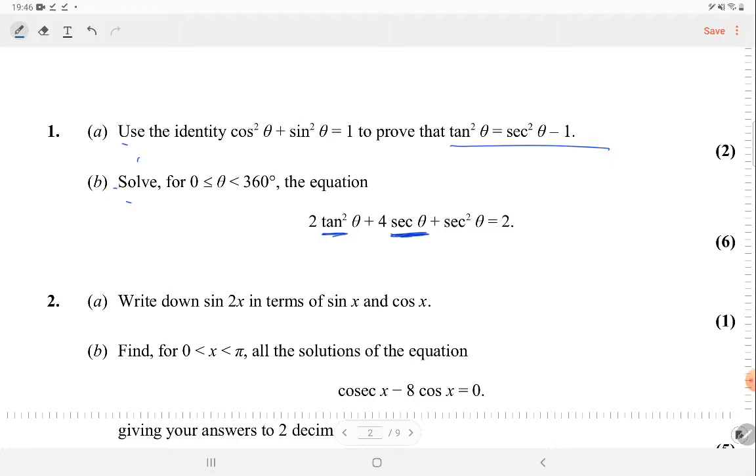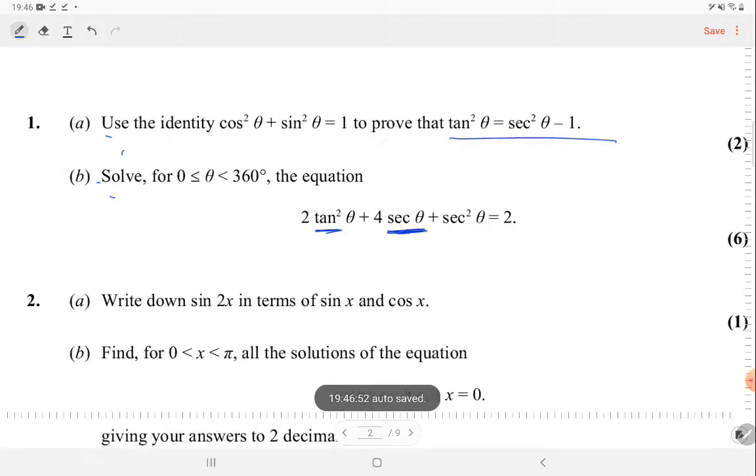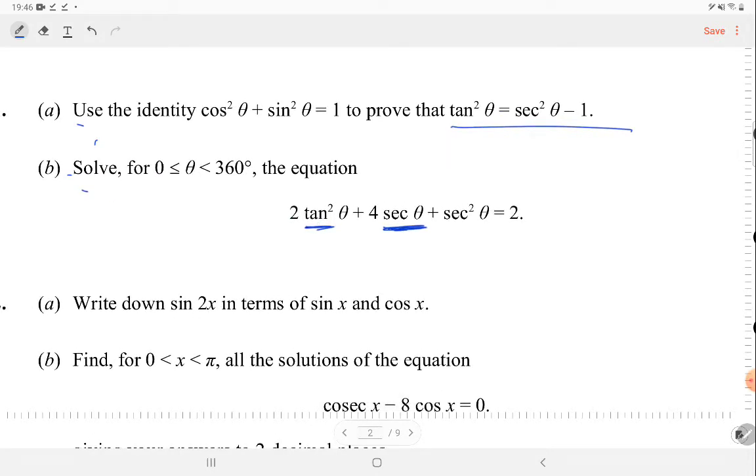So if the equation was flipped around to say 2 sec squared theta plus 4 tan squared theta plus sec squared plus tan squared theta, you would go for the tan squared theta. But here we're going to go for the sec squared theta. So we want everything in sec terms.